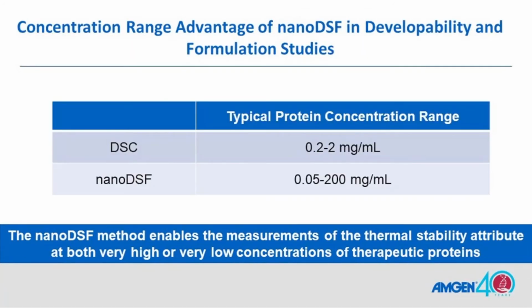Now let's take a look at the concentration range advantage of nanoDSF in developability and formulation studies. For DSC, the typical protein concentration range is 0.2 to 2 mg per ml. For nanoDSF, the typical protein concentration range is 0.05 to 200 mg per ml.